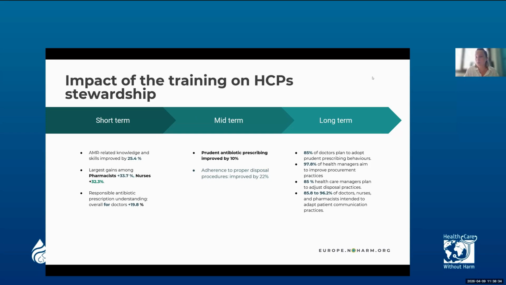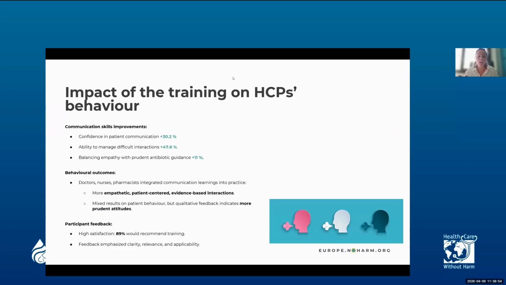And these were high results, as we see here, between 80 and 90% of this desire to change, or the intention to change, or at least having a plan to provide knowledge in a different way, or to dispose of medicines in a different way.